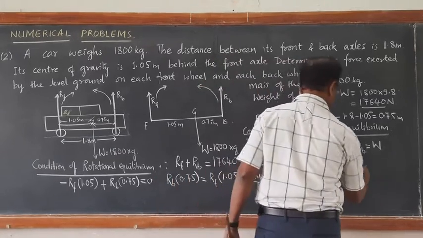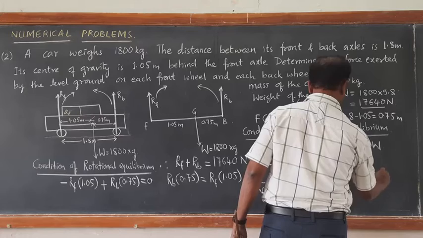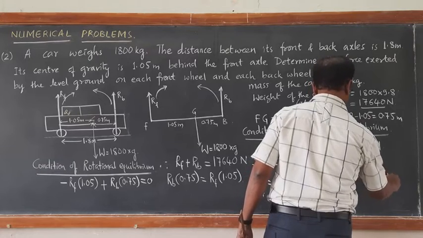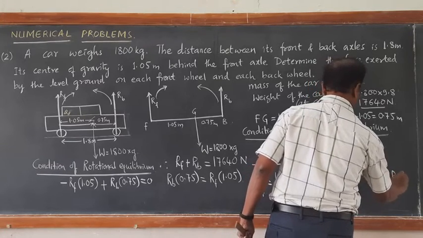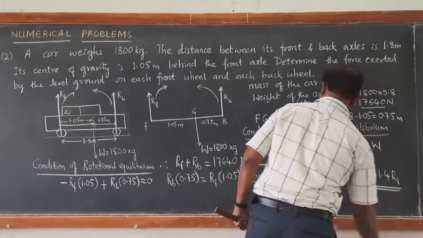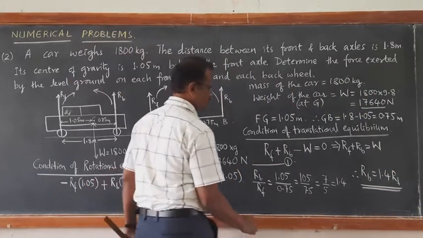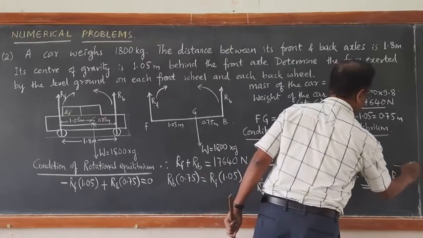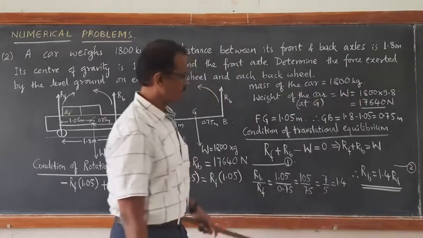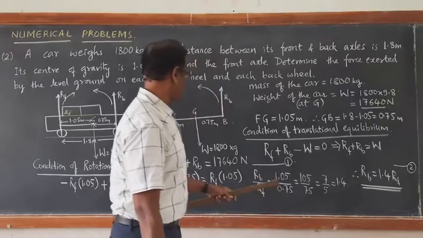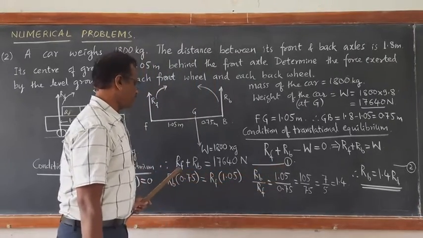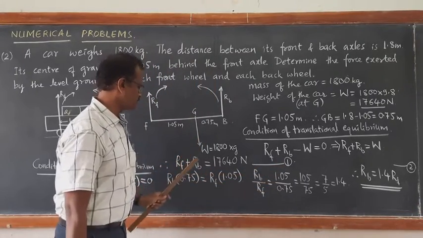Therefore, RB equals 1.4 times RF. This value you can substitute in equation number 1. So you can call this equation number 2, the relation between RB and RF. So substituting this RB in equation number 1, we will get the result for RF.